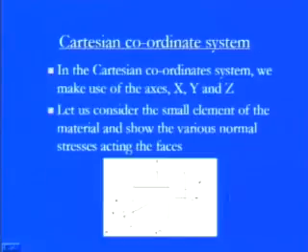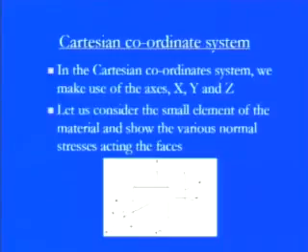Whatever stresses are set up, you can see even here, where x is there, y is there, and z is there, perpendicular to this xy plane. Here we are also considering the unit element of the parallelepiped. Why have we chosen this parallelepiped, or unit cube?